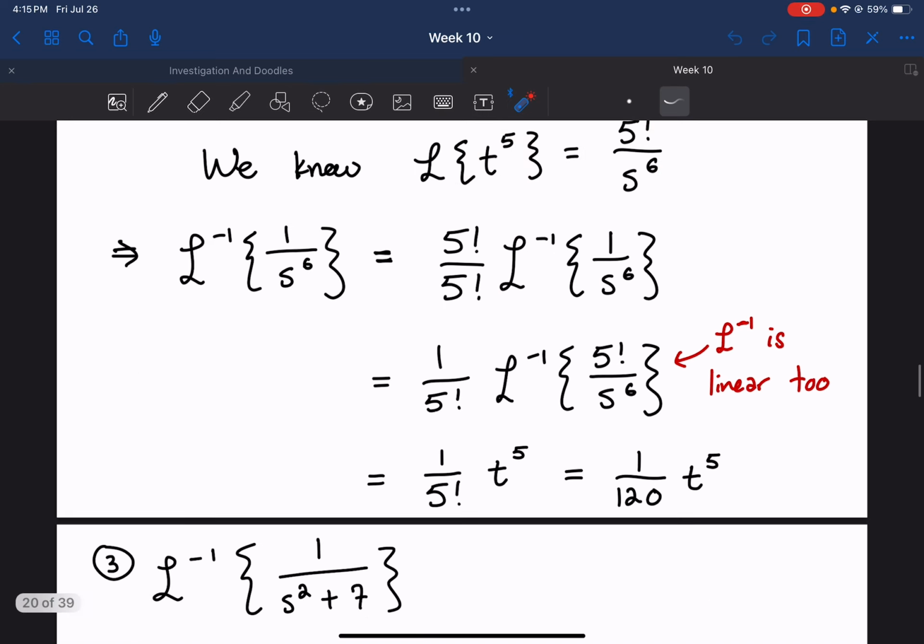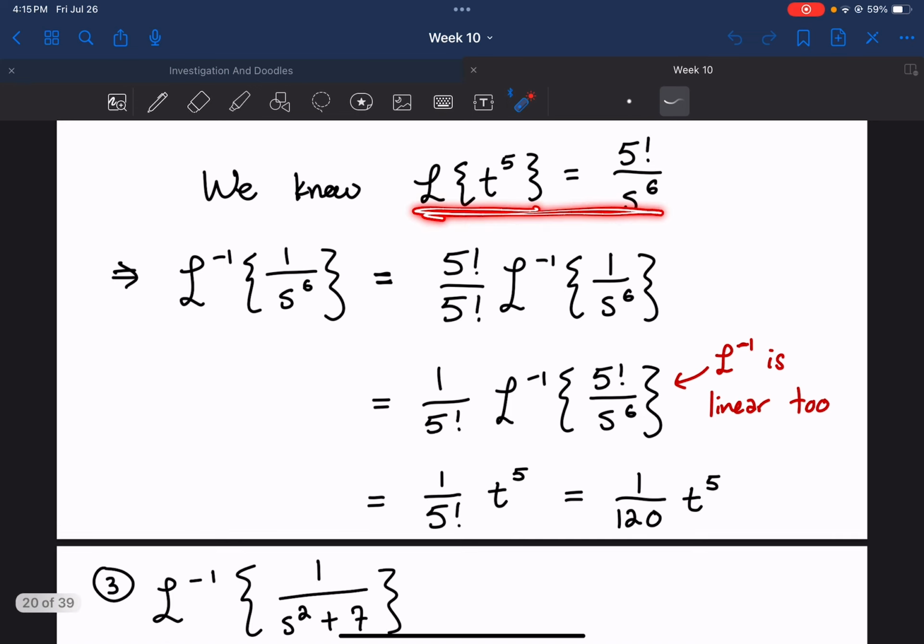You can leave 5 factorial as a factorial, or you can expand it out to be 120. It doesn't matter. So the inverse Laplace transform of 1 over s to the sixth is 1 over 120 t to the fifth. The important step here was we know a Laplace transform that looks close to this, but the constant's wrong. We can fix the constant, though.